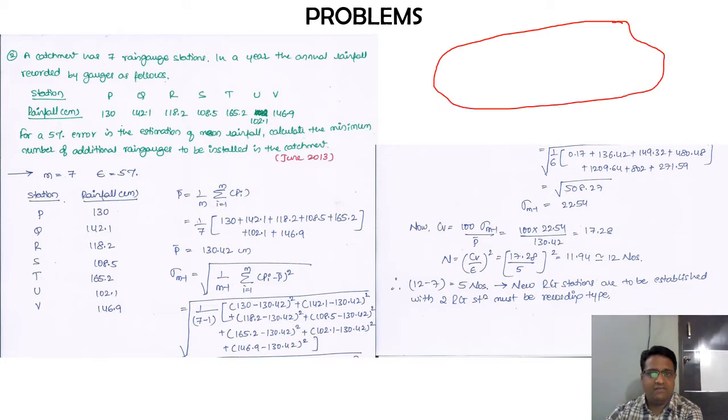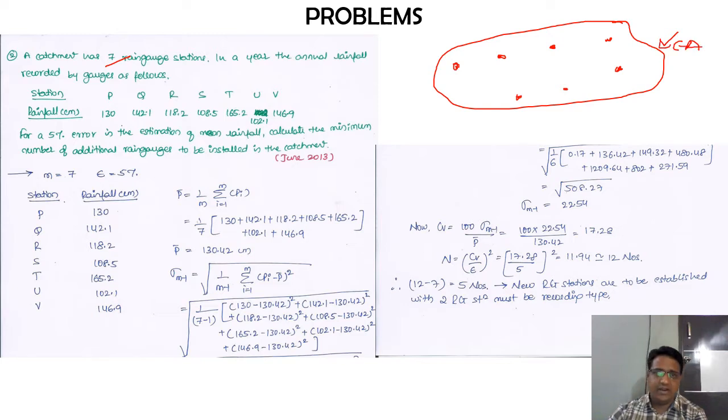I currently have 7 rain gauge stations, 1, 2, 3, 4, 5, 6, and 7 somewhere here.